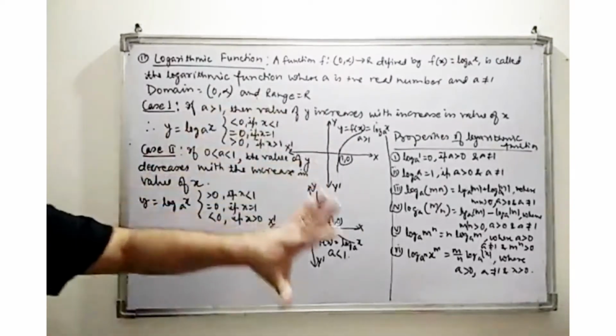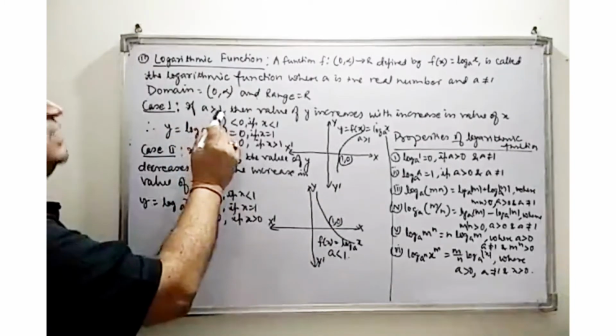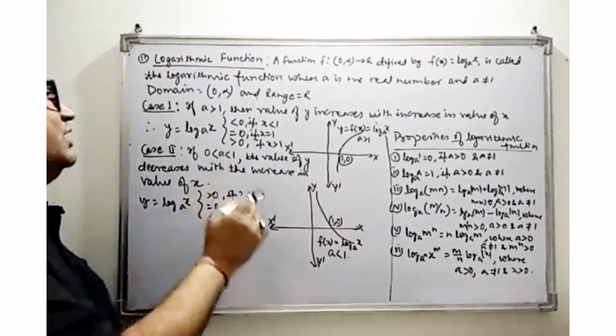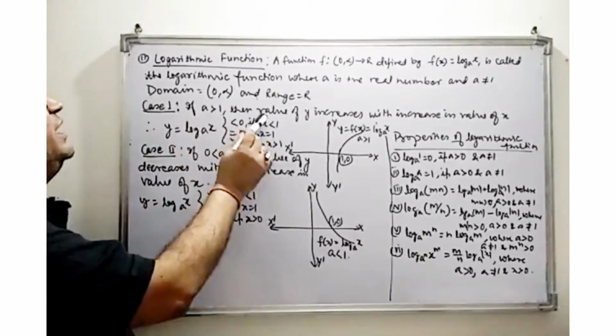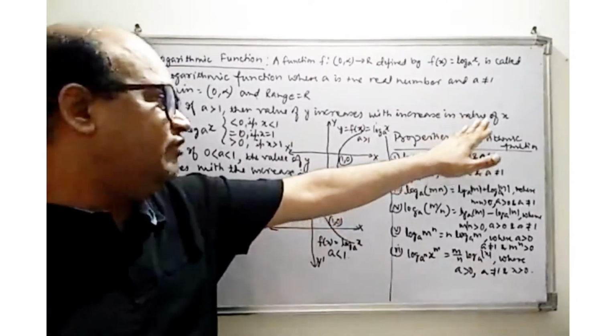Now there are two cases here also. Number 1, if a is greater than 1, and the other is a lies between 0 and 1. If a is greater than 1, then the value of y similarly increases with increase in the value of x.